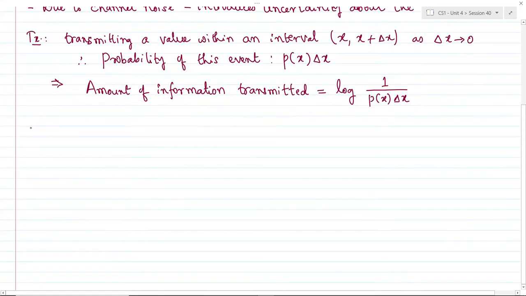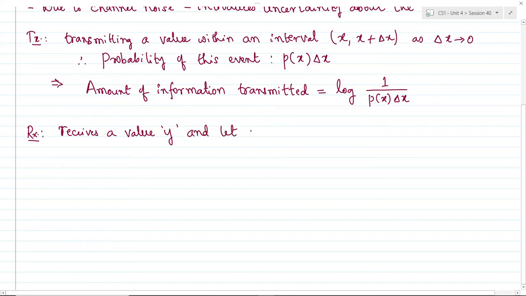Now, at the receiver end, what's happening here? The receiver receives a value, a random variable, say y.